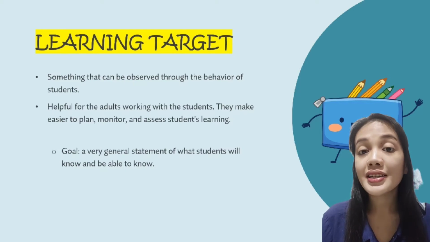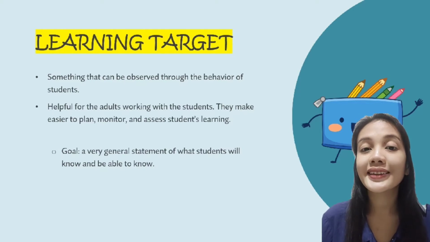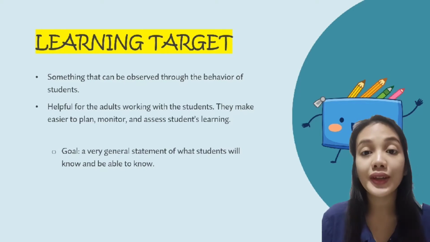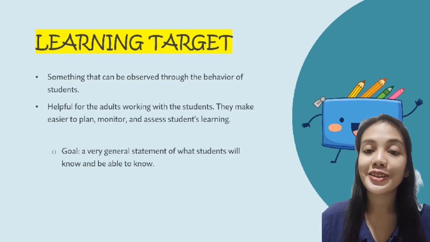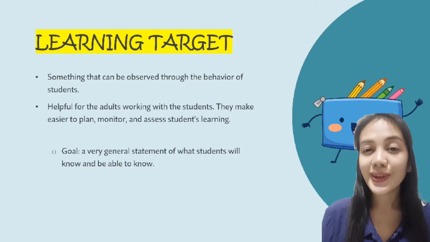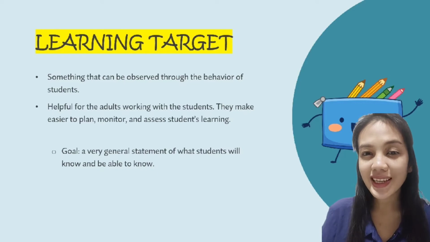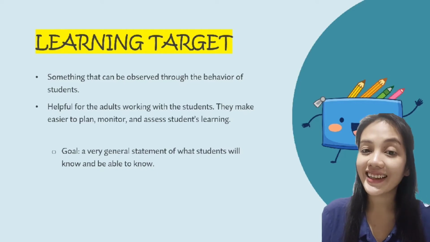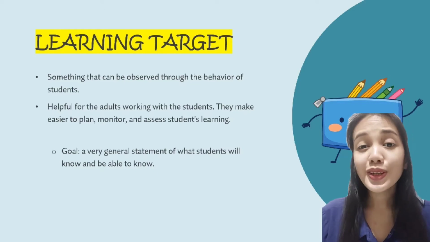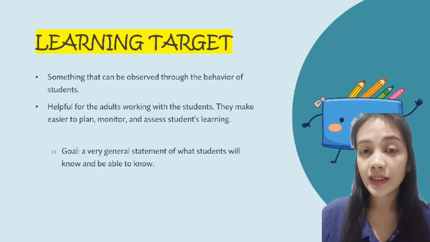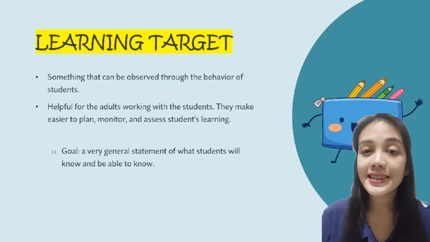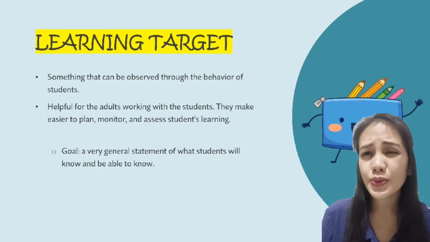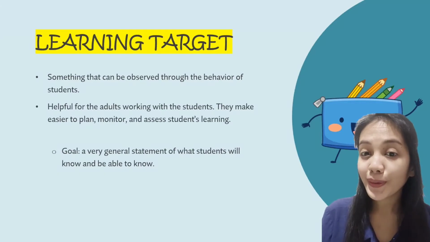Learning targets are statements of intended learning which teachers craft to guide the teaching and learning process, and to engage, support, and hold students accountable for their learning. The educational goal of a learning target is a very general statement of what students will know and be able to do.